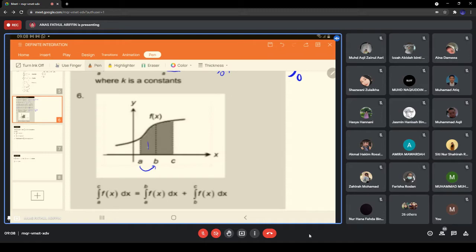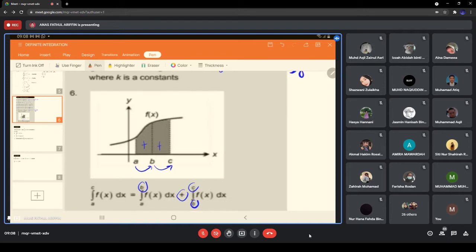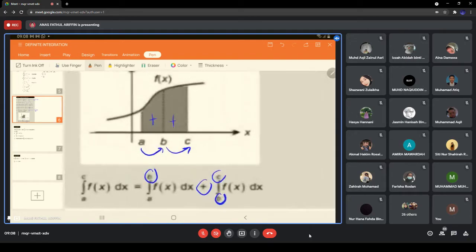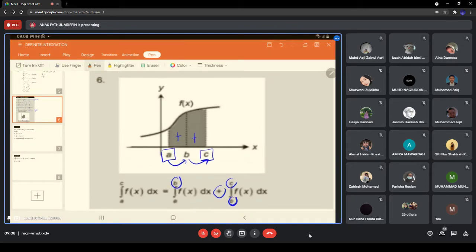We get this area first, and then for this function fx, plus we do for the b to c. So when we add up these two integrations, we integrate from a to c. Okay, itu dia punya properties dia.